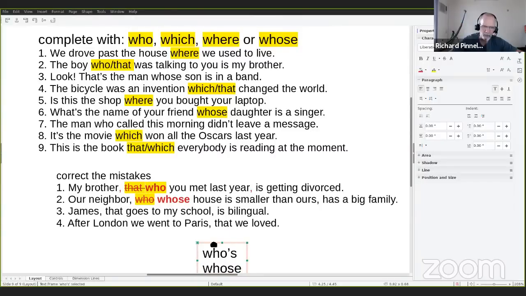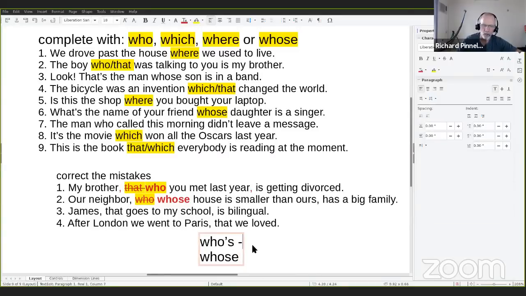But this one is the contraction of who is, and this one is used for possession. So the correct one there is whose. Our neighbor whose house is smaller than ours has a big family.